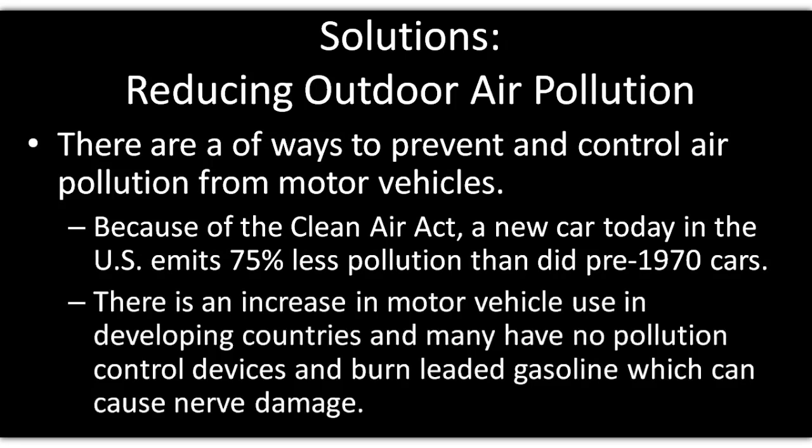So, some methods as far as some things we could do to reduce the amount of air pollution that we deal with. Some of these are really good benefits that we have. Cars emit 75% less emissions than they did once upon a time. If you have an old car at home, a collector's car, it is interesting when you pop the hood and take a look at the difference.